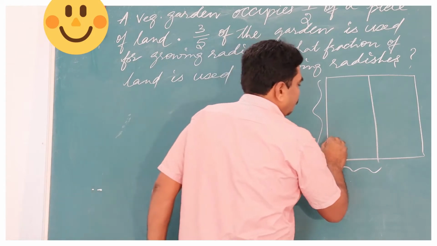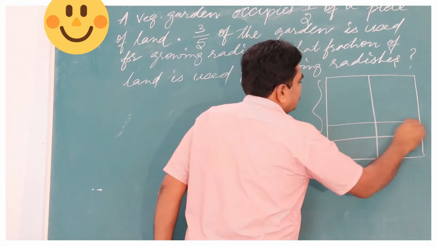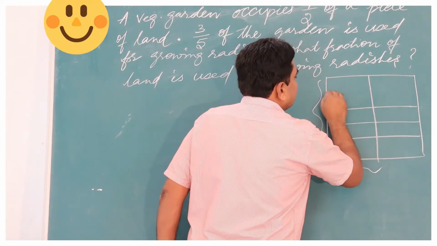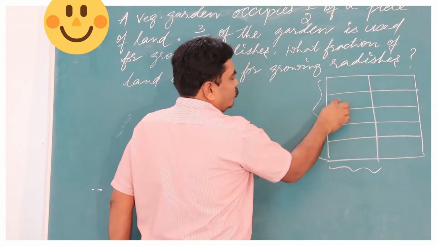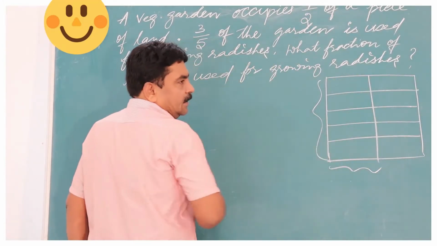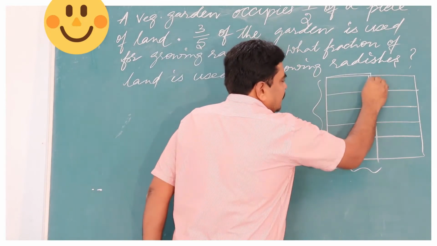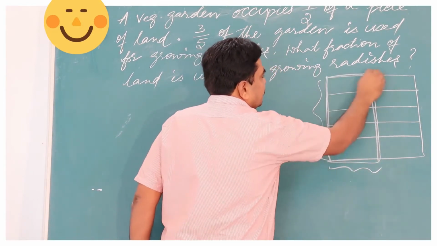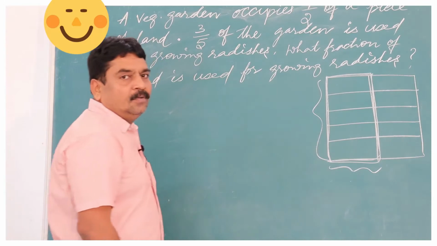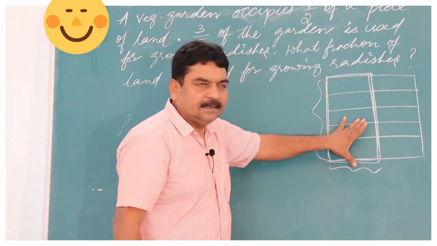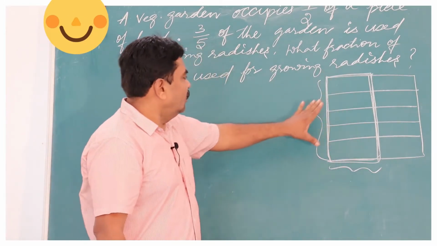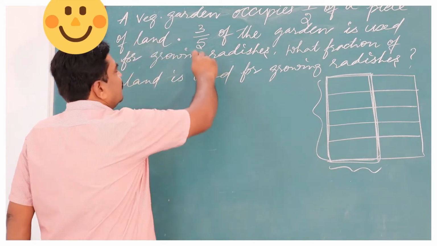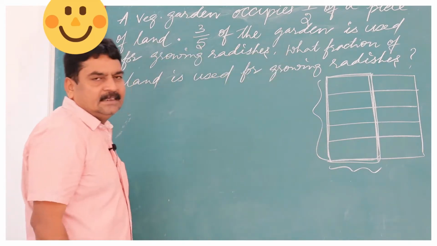So this is 1, 2, 3, 4, 5. Five parts. This is the half land. He is cultivating it, so we'll consider only this part. Out of this part, how much has he cultivated? 3/5 of the garden is used.